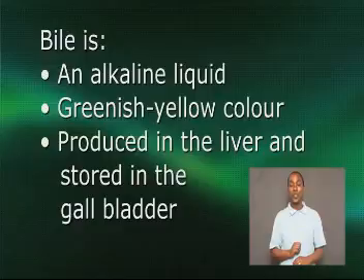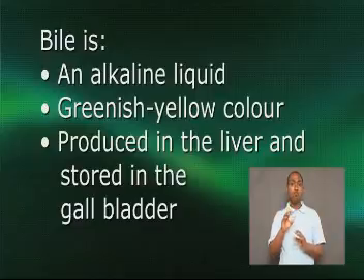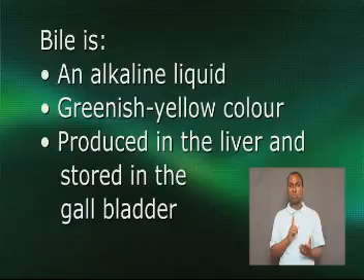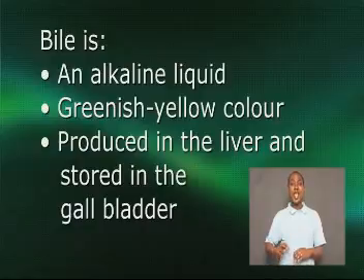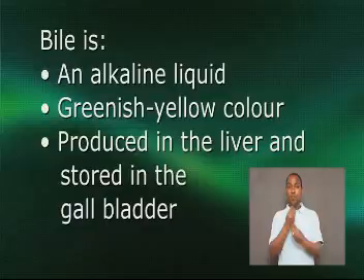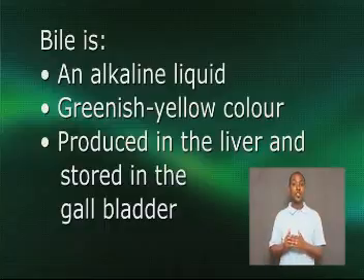Bile is an alkaline liquid that is greenish-yellow in color. It is produced in the liver and stored in the gallbladder until it is needed. As food enters the duodenum from the stomach, bile is sprayed on the incoming material.